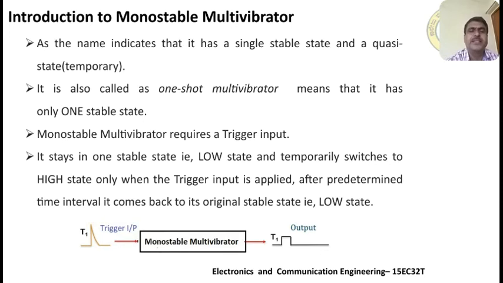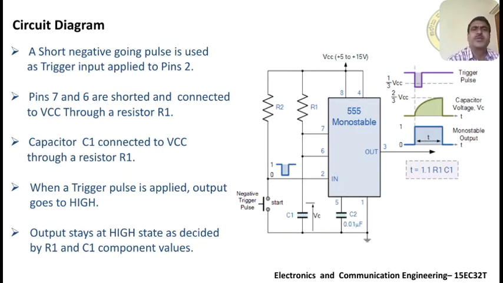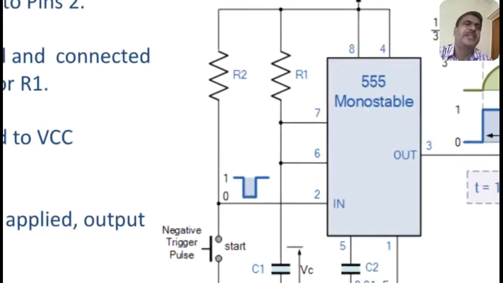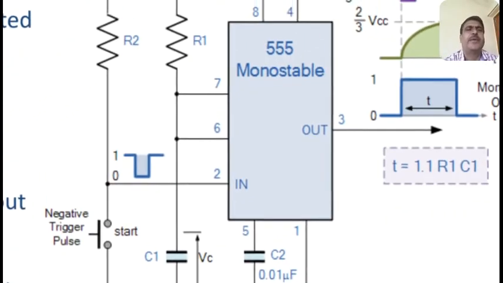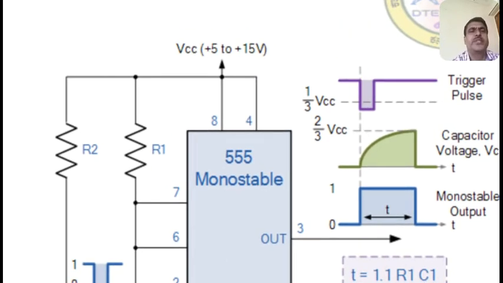Okay, then you can see in the diagram, the monostable multivibrator has an input, trigger input, and output pulse for that input. Now the circuit diagram here, as you can see in the figure, has one external resistor R1 which is connected to VCC.